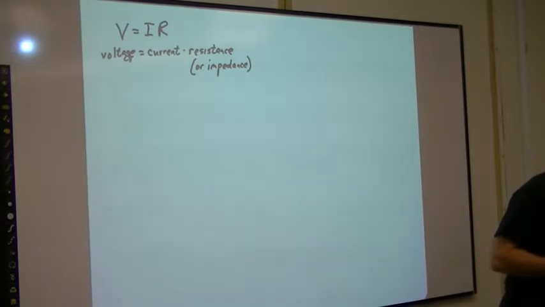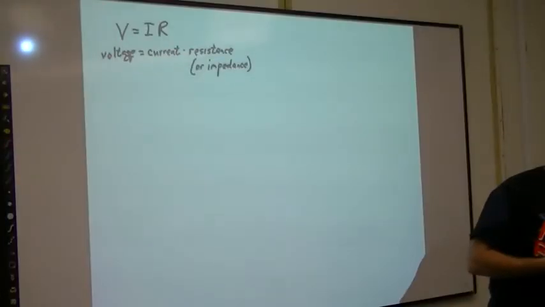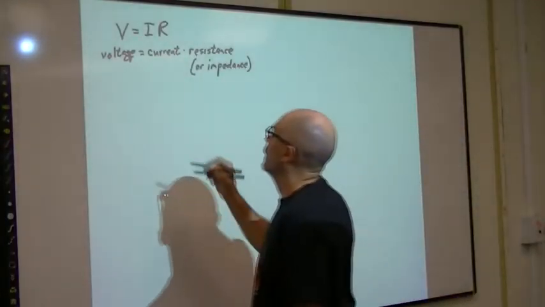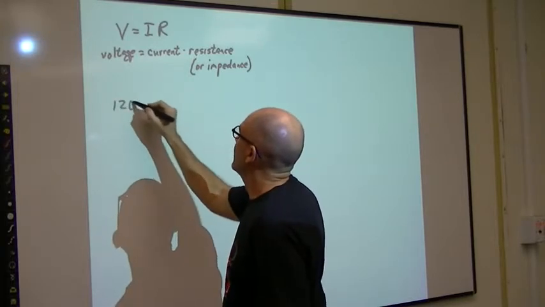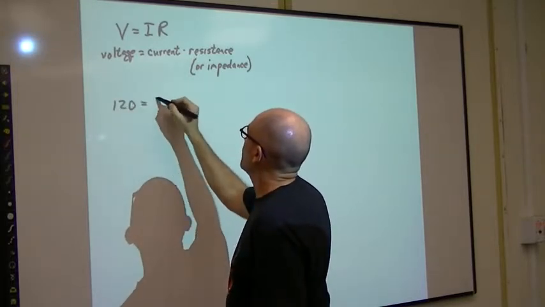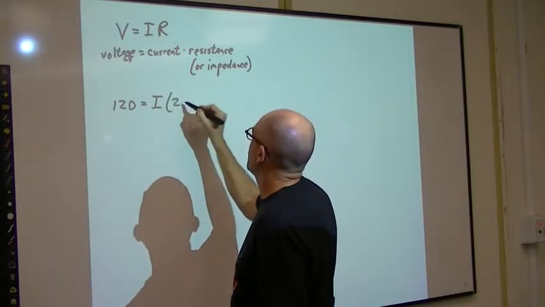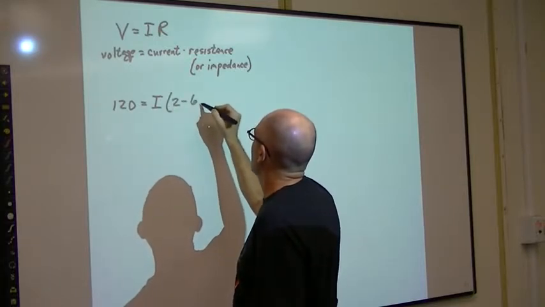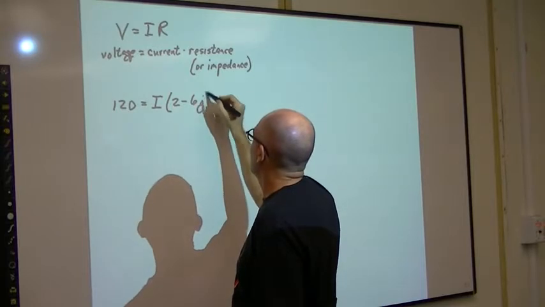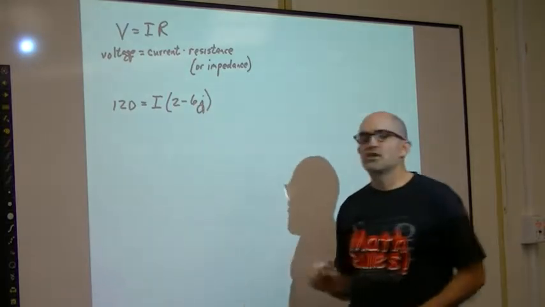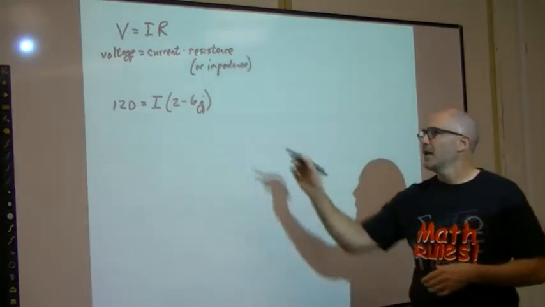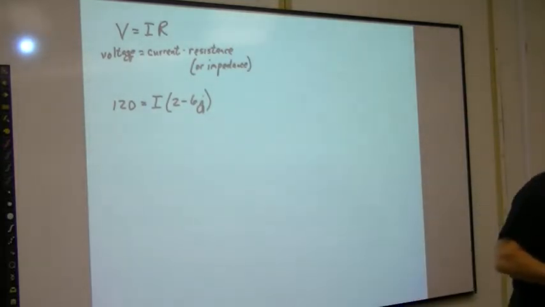So they tell us that the impedance is 2 minus 6J ohms and the voltage is 120 volts. So we've got 120 equals I times 2 minus 6J. Now the J is basically an imaginary root.